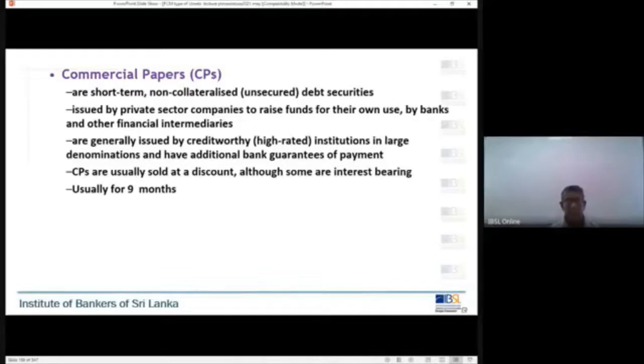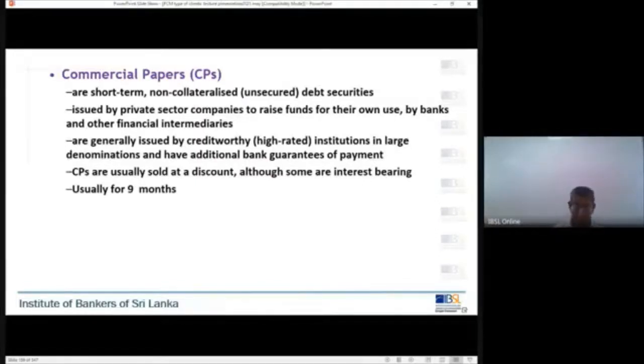So the value of your certificate of commercial paper may be 100,000, for example, right? So how much do you need to pay? Maybe they say 90,000, right? That is all that discount. Or like treasury bonds, they may have interest bearing after maturity. So it's 1 year. It can be paid, usually paid at maturity, or maybe quarterly or bi-monthly.